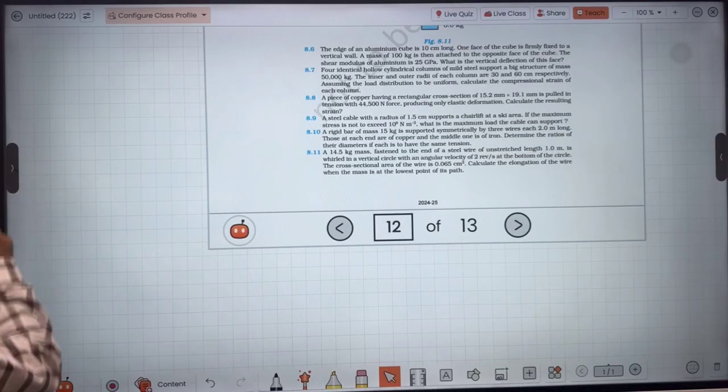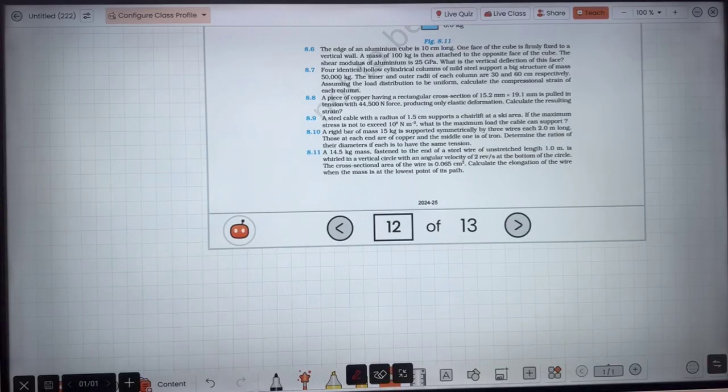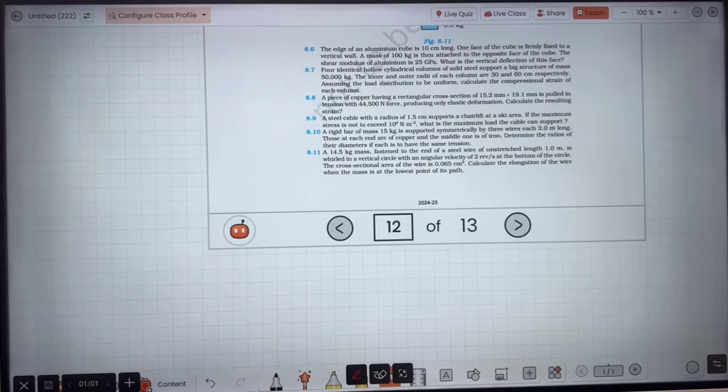So what happens here? As per the question, the information given is the tension in each wire. Suppose we take the tension in each wire as T, then we can write the formula.